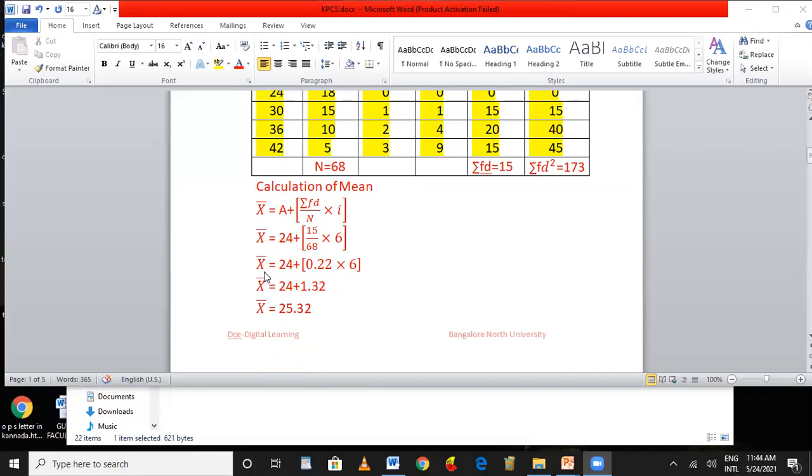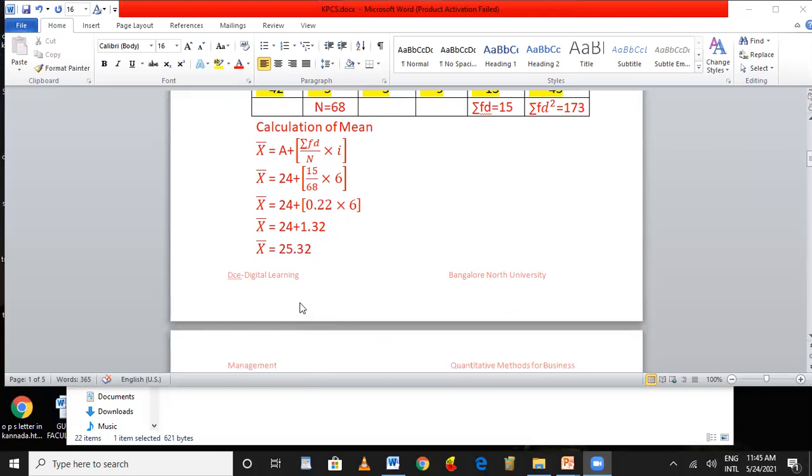Then X bar is equal to 24 plus 15, the sigma FD, divided by N, 68, into the common factor 6. 15 divided by 68 comes to 0.22. Into 6, it comes to 1.32. 24 plus 1.32, X bar is equal to 25.32.